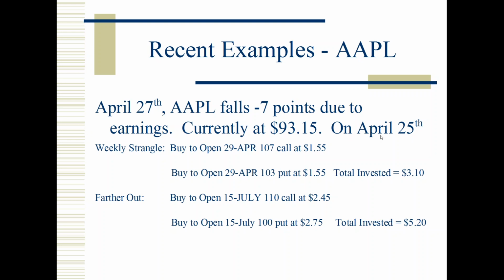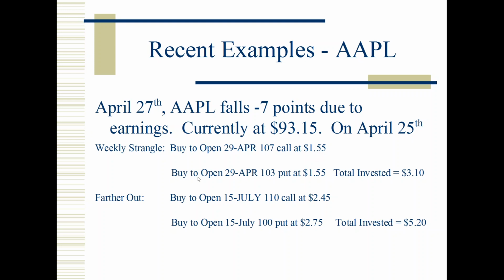On April 25th, the Monday before the earnings event, which was 2 days later, we could have done a weekly strangle. Okay, we offered dollar strike differences, so we had different selections and different opportunities. So we could have bought the 29th April 107 call for about $155. Expires in 4 days, out of the money slightly, and the stock, remember, was around 105.